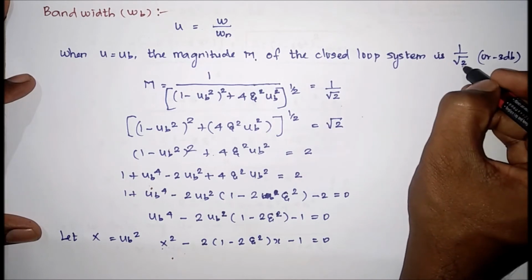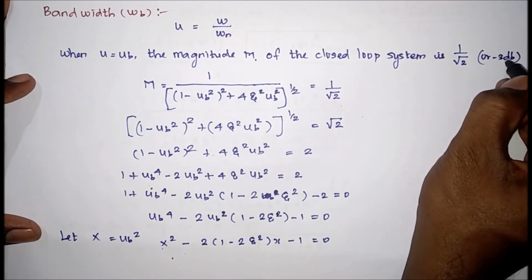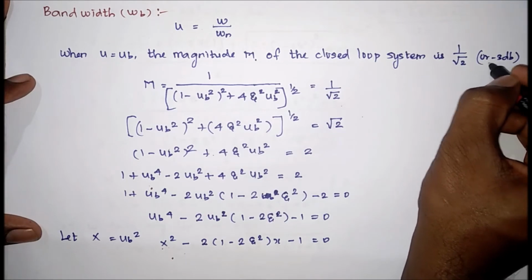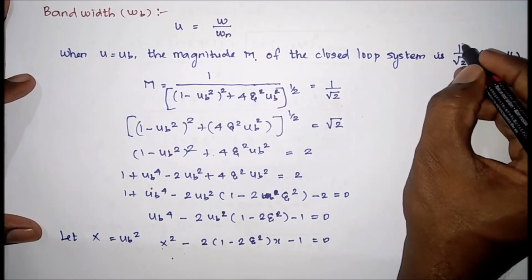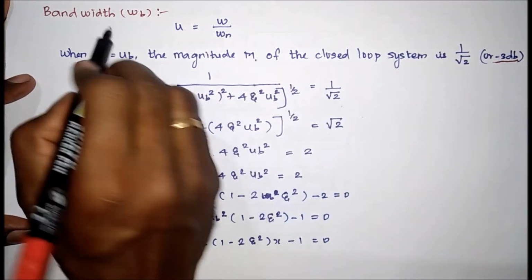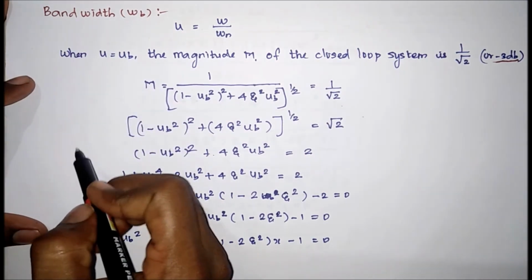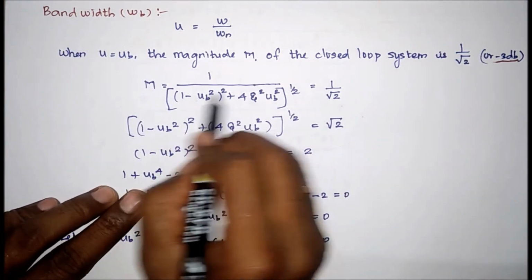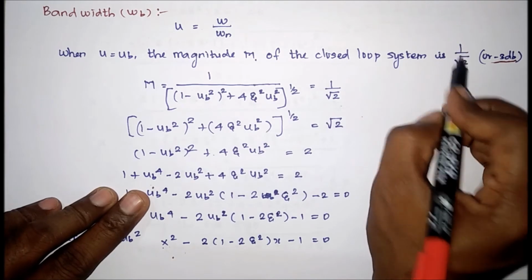It means we can consider that when the magnitude equals minus 3 decibel or 1 by root 2, we will get the bandwidth. Therefore we have to equate the magnitude to 1 by root 2.